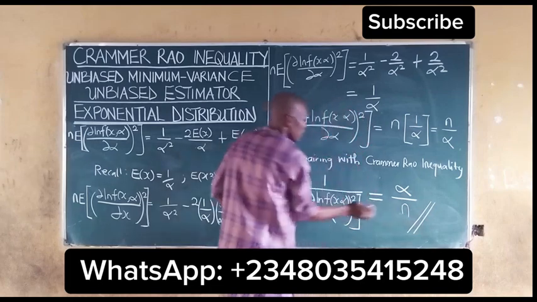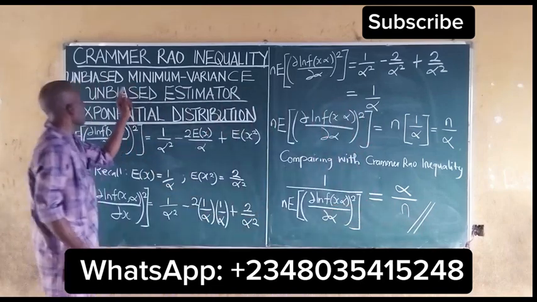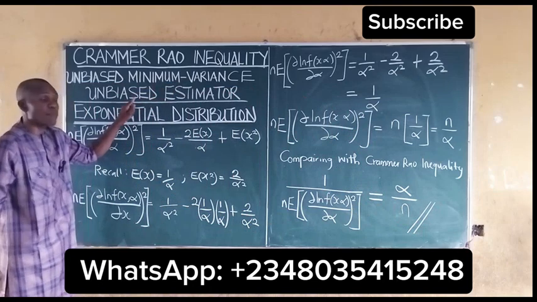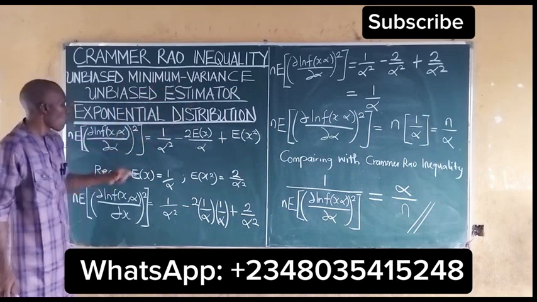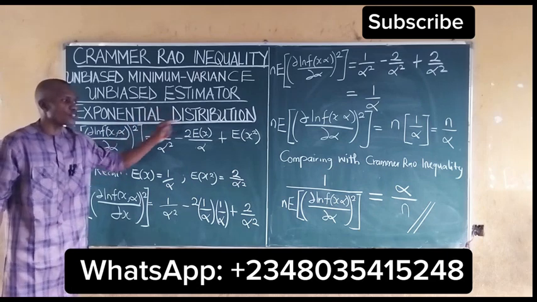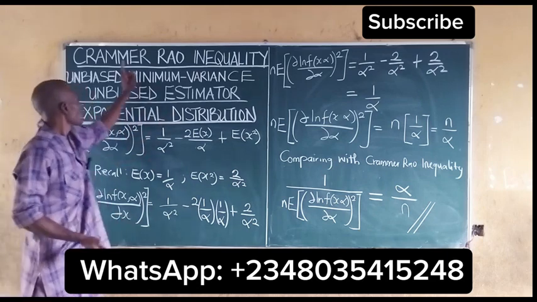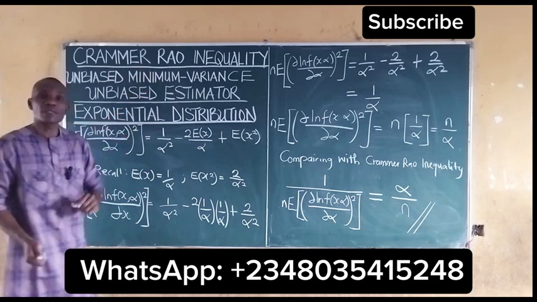So this value becomes our minimum variance unbiased estimator bound for the exponential distribution using the Cramer-Rao inequality.